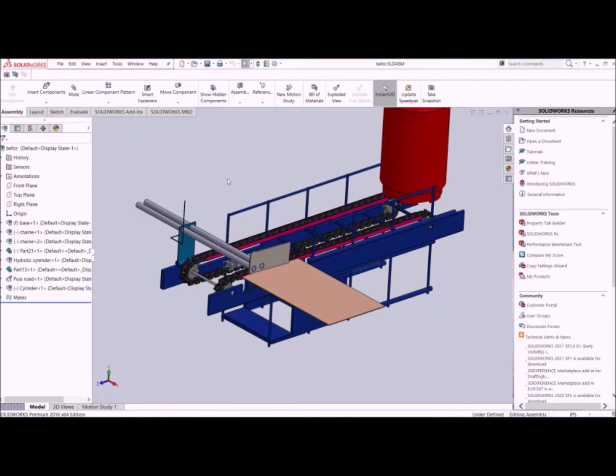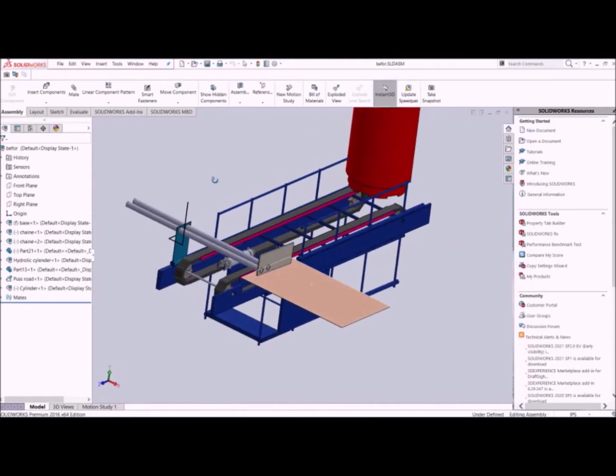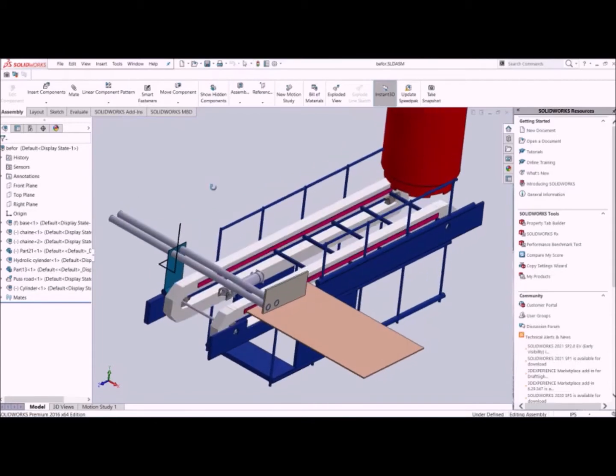I want to replace a man with this machine. So the production machine making cost is very less. Okay, so that was the overview.